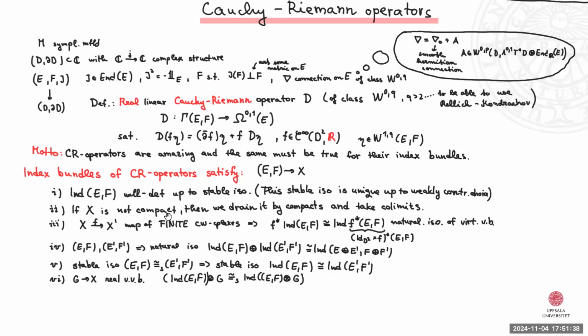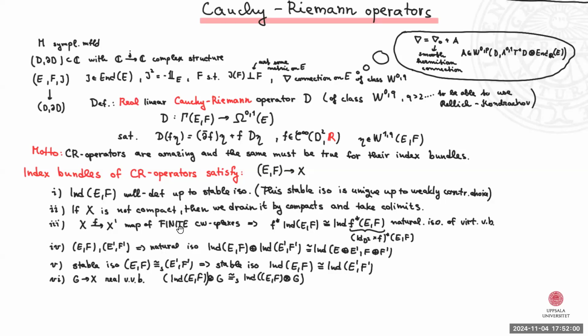And there are things that they satisfy. So they're well-defined up to stable isomorphism. If X is not compact, then we can drain it by compacts and we can take colimits and it's gonna be fine.